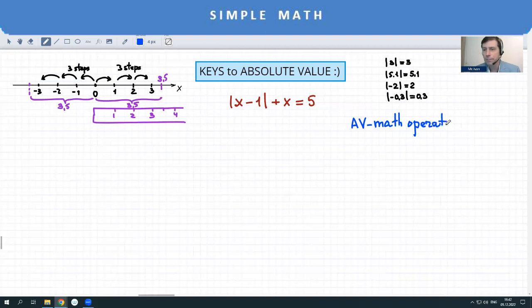Operation, which works the following way. If it's applied to positive numbers, it keeps them same.